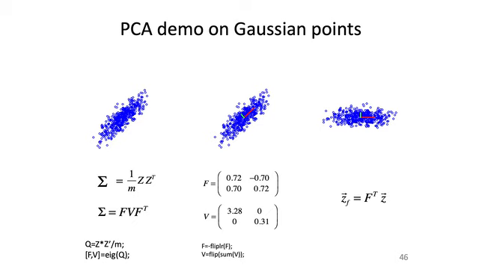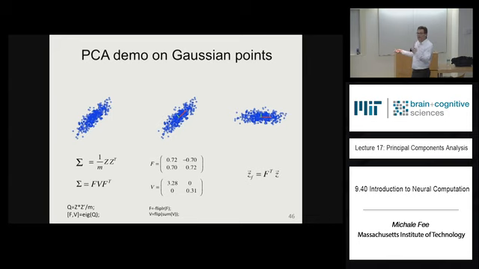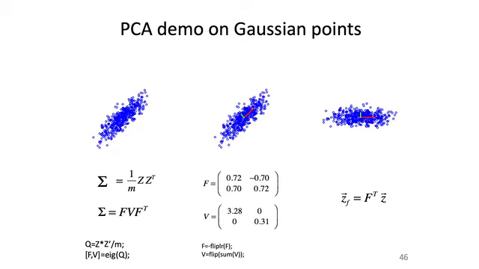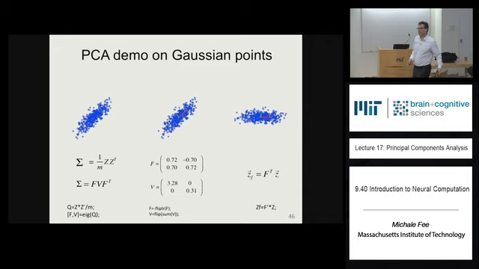And now what we do is we simply do a change of basis. We can rotate this data set using the rotation matrix that the principal components analysis found. So we compute the covariance matrix, find its eigenvectors and eigenvalues, and then rotate the data set into that new basis set of eigenvectors.